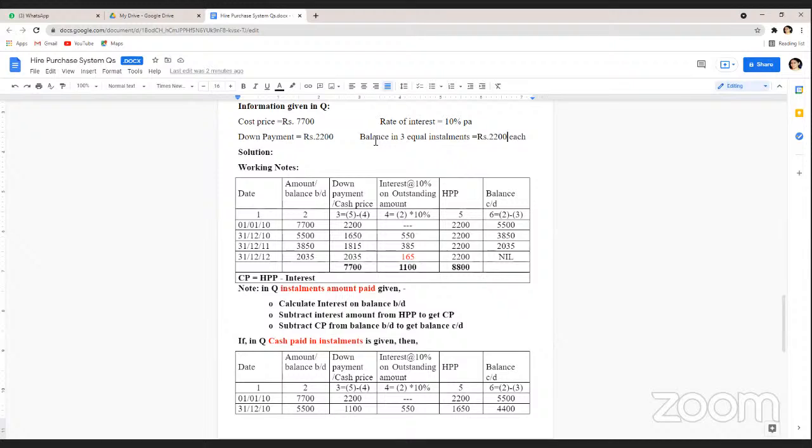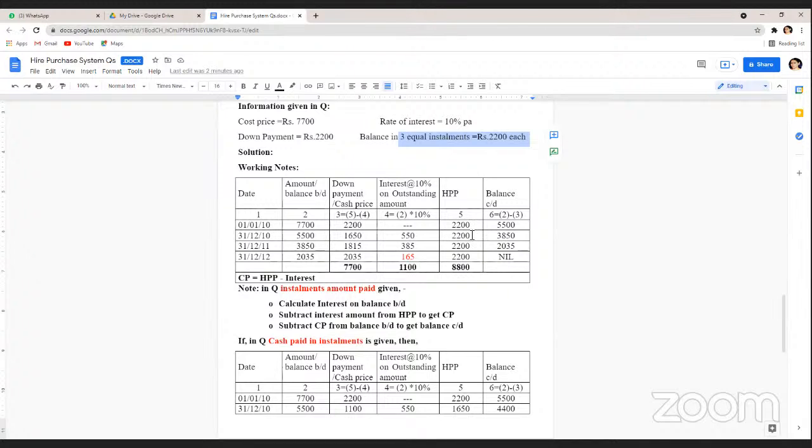This point has to be noted, children. In this specific question, he mentioned how much he paid in each installment. That means hire purchase price. Sometimes he mentions the cash price that he paid in each installment. When that is different, how? These are the small points you are supposed to notice while doing the hire purchase system.